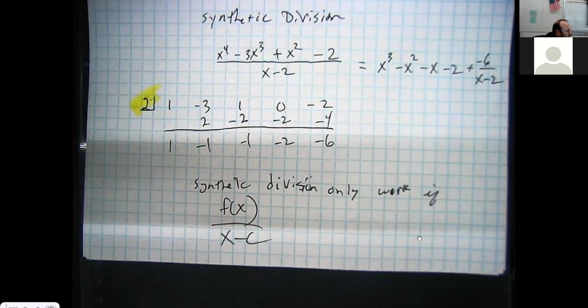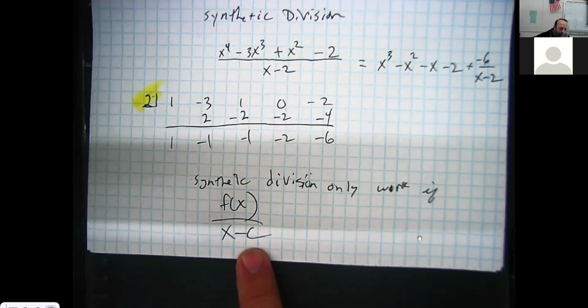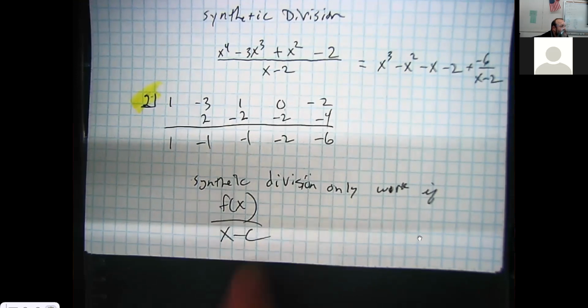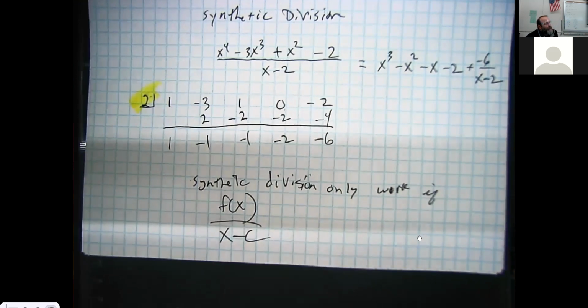I'm out. Can't do it. So synthetic division is fantastic as long as you have a very, very simple denominator. Do you follow me? It only works in the simplest of cases. When does long division work? All the time. So that's the pro and the con.